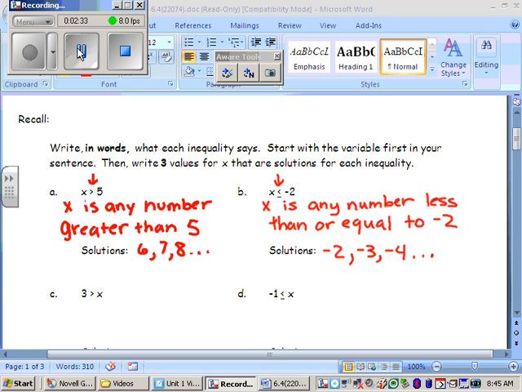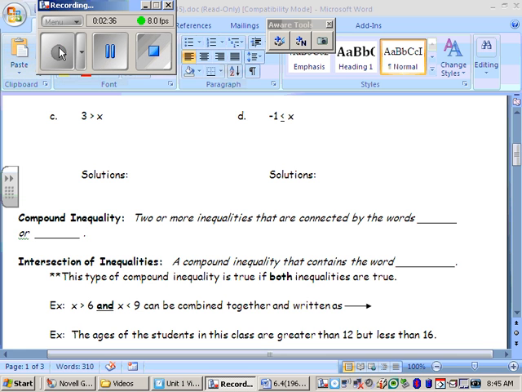Let's drop down to example C. In example C, notice that the variable is on the right of the inequality this time. Well, you always want the variable on the left. So what we need to do is flip the 3 and the x around, but when we do, we need to flip the inequality symbol as well. Because notice that right now, the direction it's facing, it is pointing to the x. So when it's flipped around, it needs to continue to point to the x.